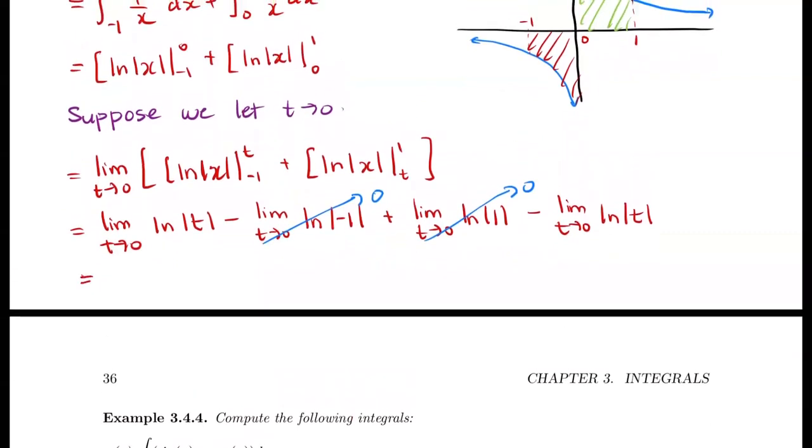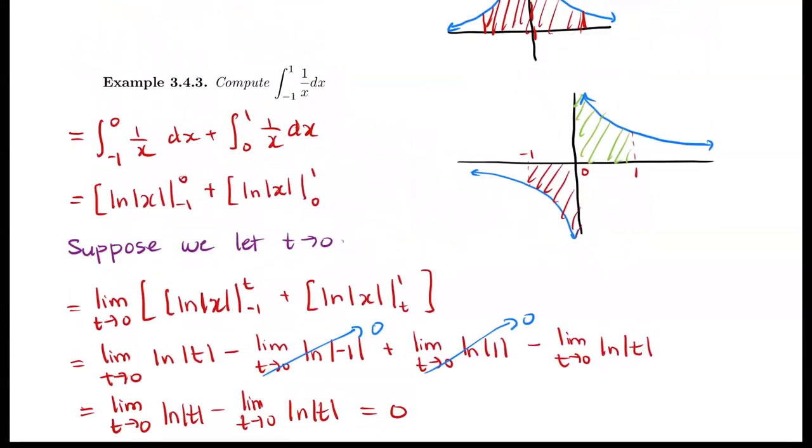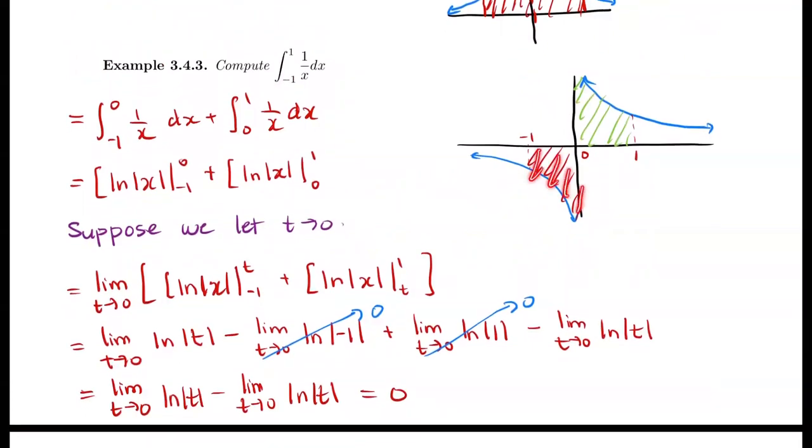So the result is just the limit as t approaches 0 of ln of t minus the limit as t approaches 0 of ln of t, which equals 0. Another way to see it is that these cancel each other out. So the area under this curve is just going to be 0.